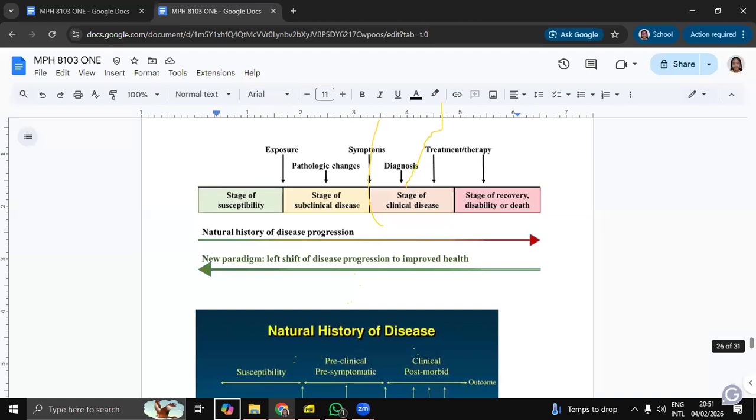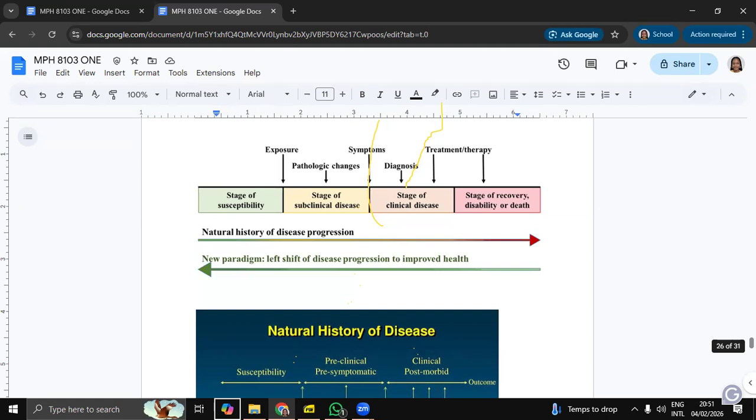Okay, so natural history of disease. What we are talking about in the natural history of disease is how a disease starts up until the end of the entire process in situations where there is no intervention. In our material, it said with or without intervention.